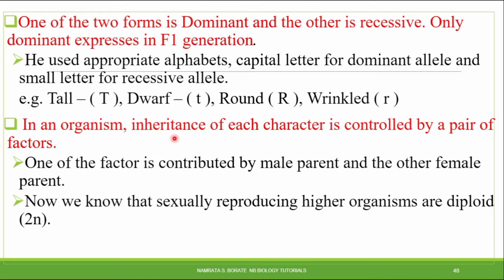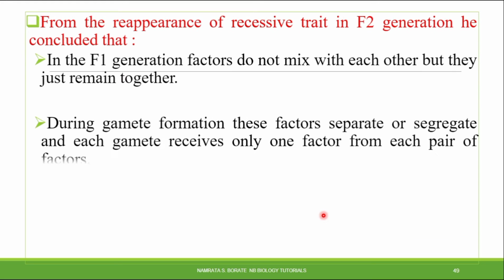In an organism, the inheritance of each characteristic is controlled by a pair of factors. One of the factors is contributed by the male parent and the other by the female parent. Now we know that sexually reproducing higher organisms are diploid. This is the basic one, all of you know.